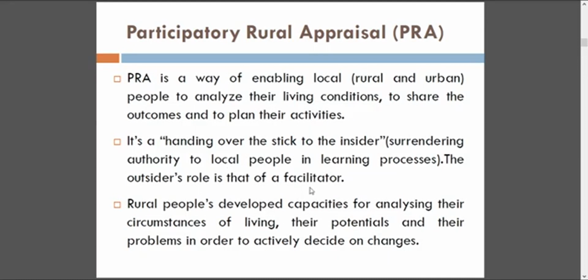Yours is just to facilitate the process. So rural people's capacities for analyzing their circumstances of living, their potentials and their problems, in order to actively decide on changes, were improved in this method.